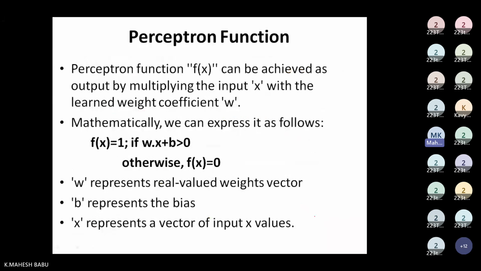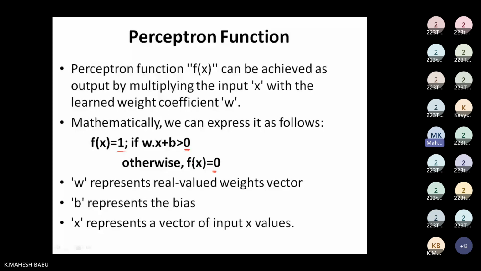So here, having a mathematical form, I can say that the function f of x is 1 if w, I mean weights, and inputs along with b is greater than 0. So I can say that the function is returning 1, or else the function is returning 0.